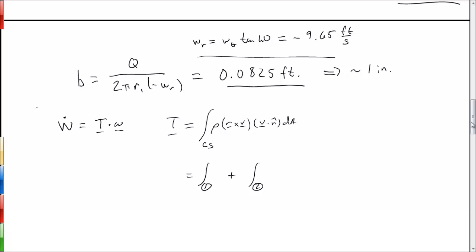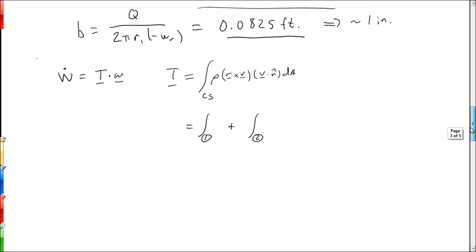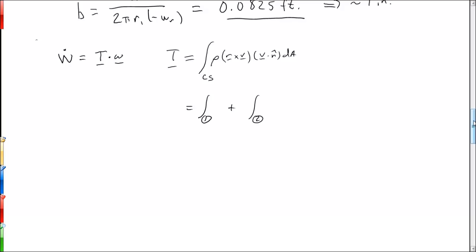And since we know most everything for the outer radius, we're going to start there.